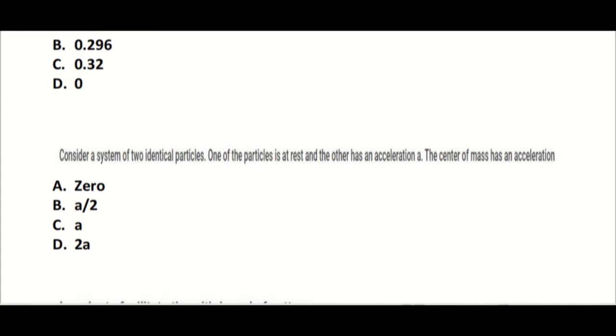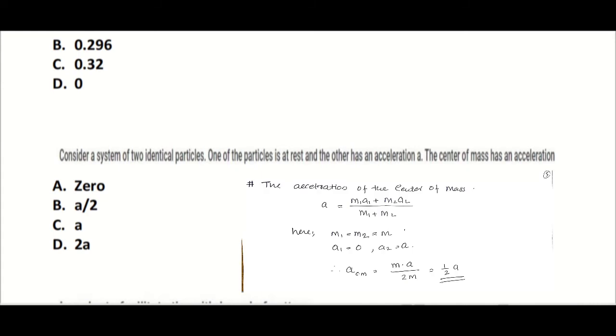Next, consider a system of two identical particles. One of the particles is at rest and the other has an acceleration of a. The center of mass has an acceleration. The acceleration of the center of mass a_cm is equal to (m1 a1 plus m2 a2) divided by the sum of the masses m1 plus m2.